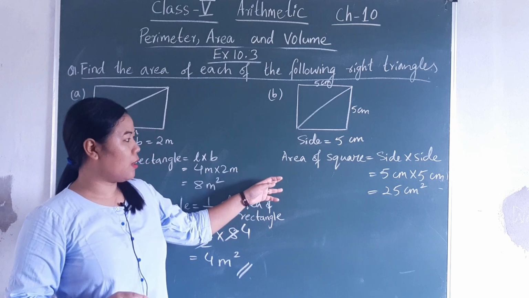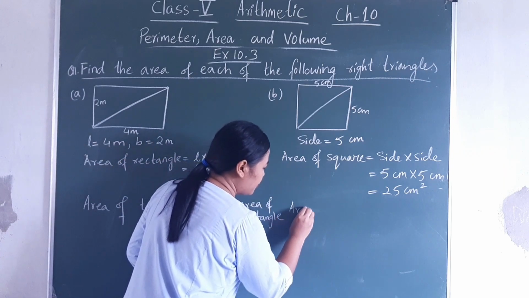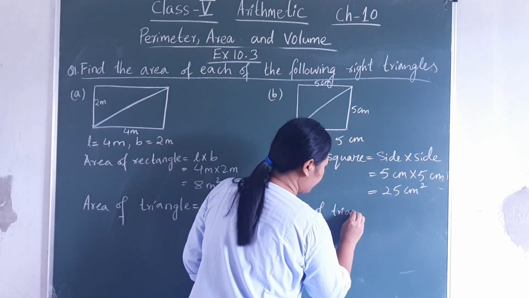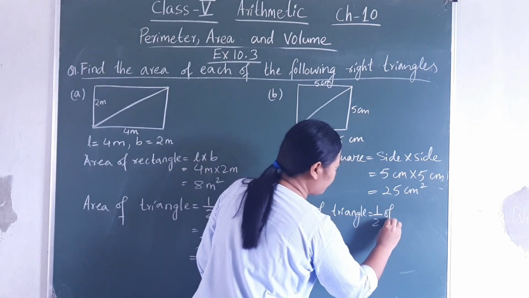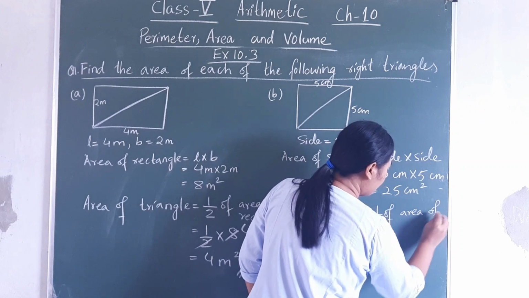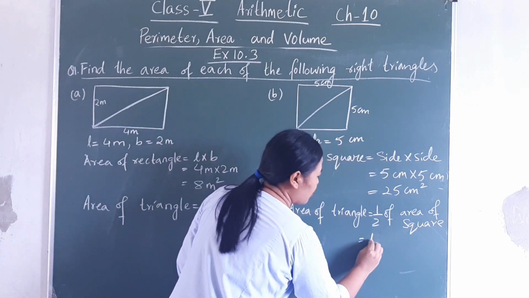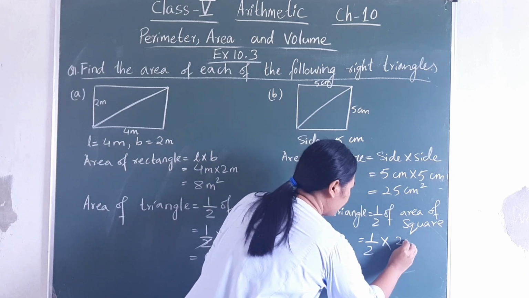Now that you found the area of the square, we can find the area of the triangle. Half of the area of the square. Area of square is 25.